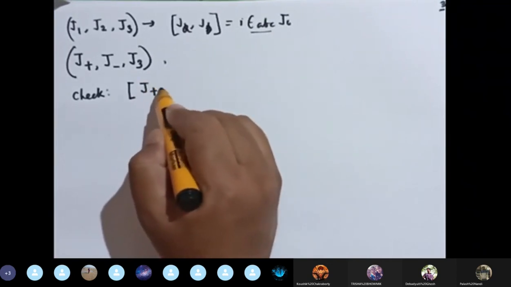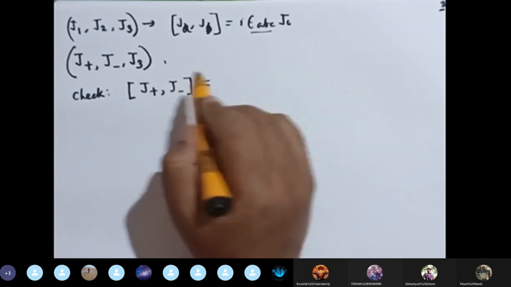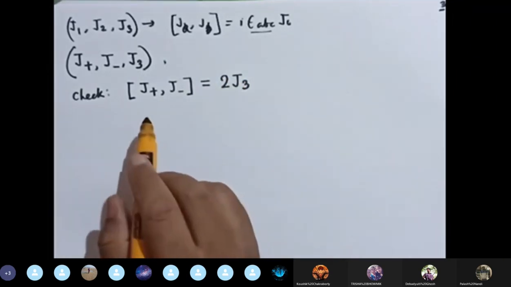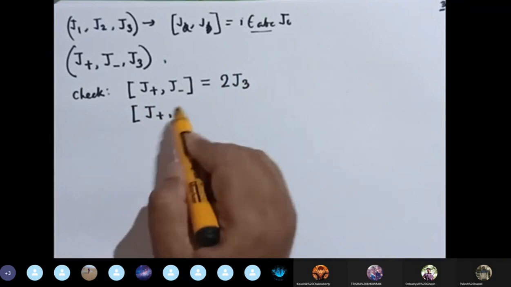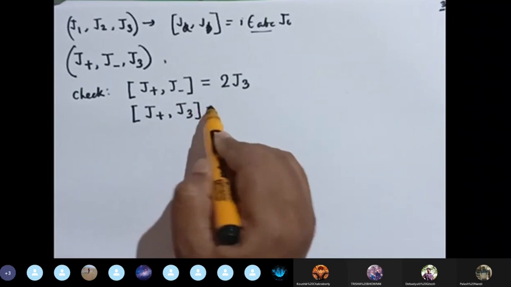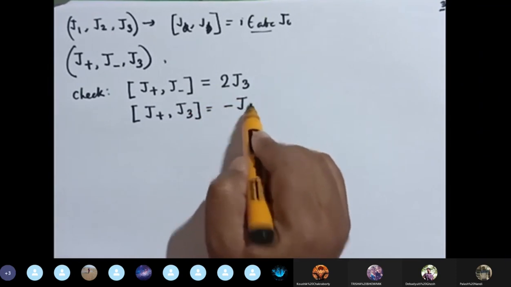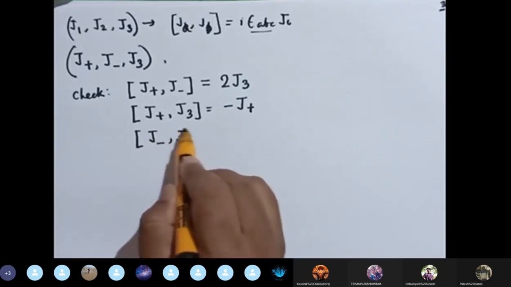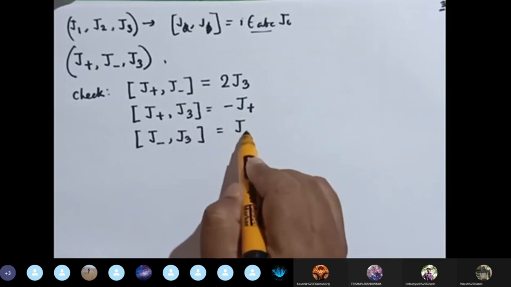Then the commutator of J plus and J minus is equal to, you can calculate it, 2J3. [J plus, J3] is equal to minus J plus, and [J minus, J3] is equal to J minus.